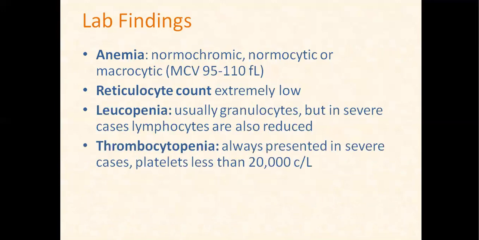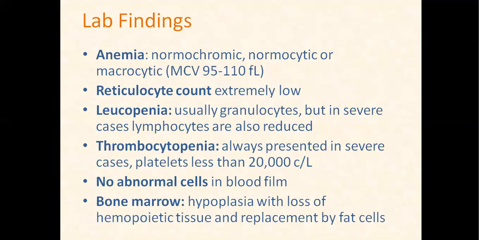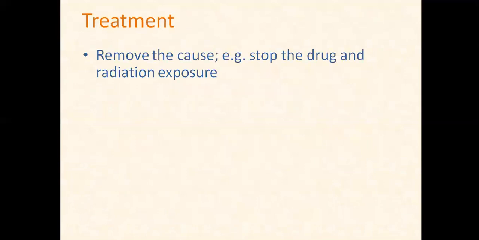Thrombocytopenia is always present in severe cases, platelets less than 20,000 cells per liter, no abnormal cells in the blood film, and bone marrow hypoplasia with loss of hematopoietic tissue and replacement by fat cells.